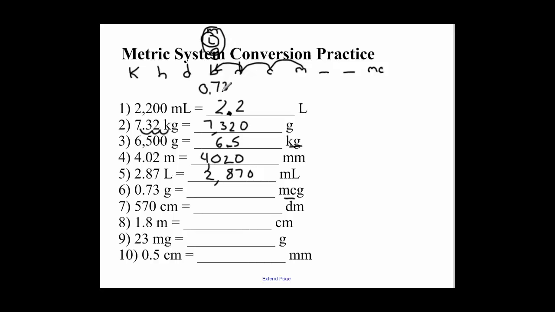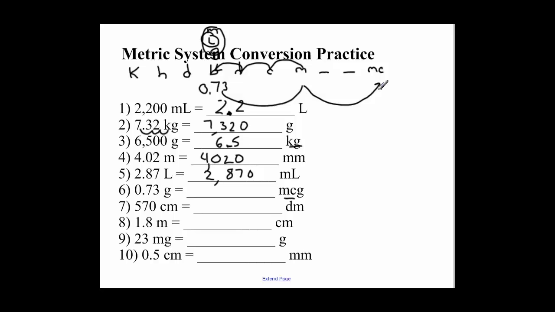Now when we convert to milligram, we would multiply by 1,000 because that's 10 times 10 times 10. But microgram is 3 prefixes away from milligram, so we'd actually have to multiply by another 1,000.